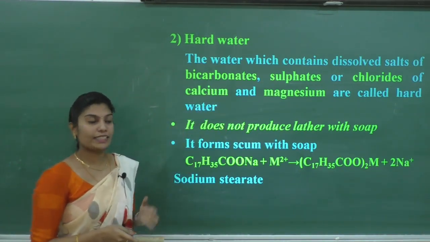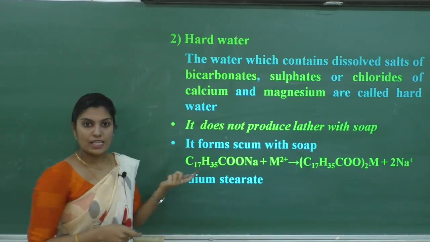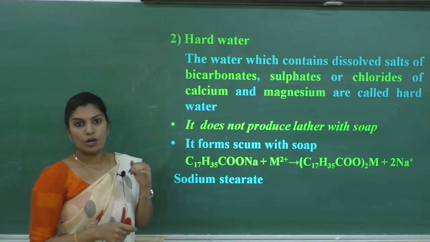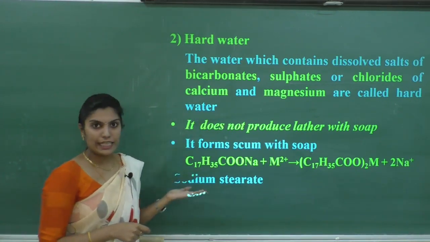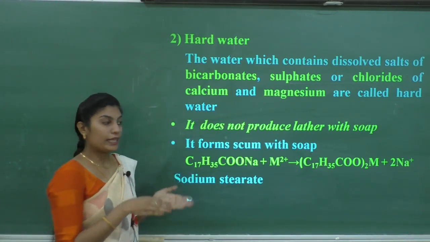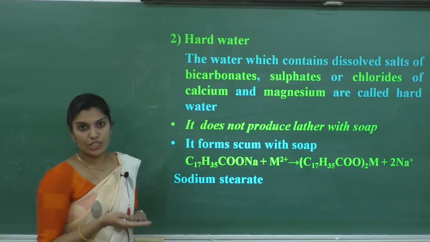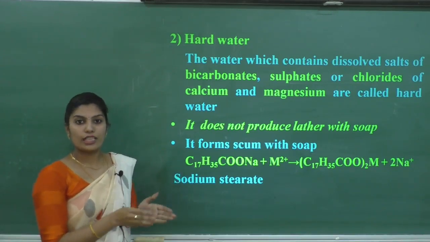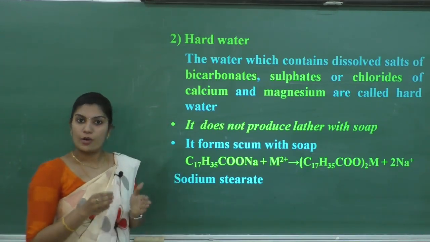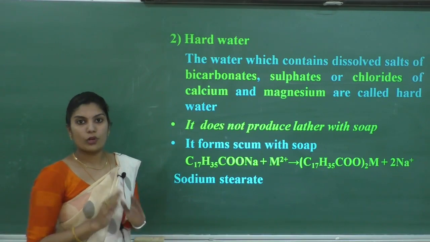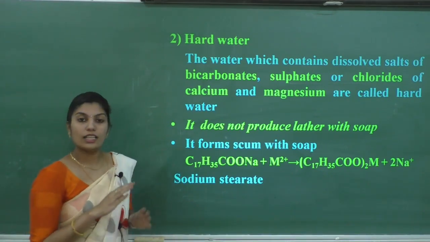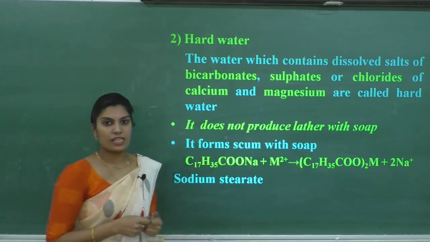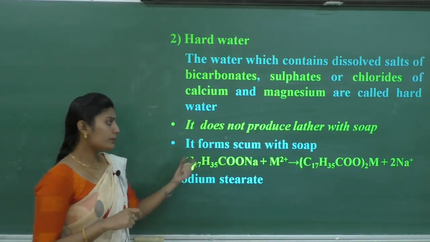The water may contain calcium chloride, calcium sulfate or calcium bicarbonate, or it may contain magnesium bicarbonate, magnesium sulfate or magnesium chloride. Those salts cause the hardness of the water, and this type of hard water does not produce a lather with soap.